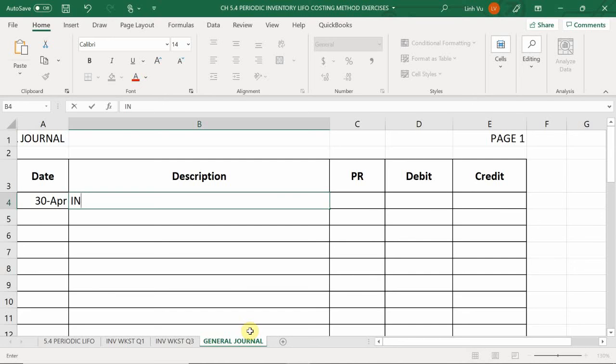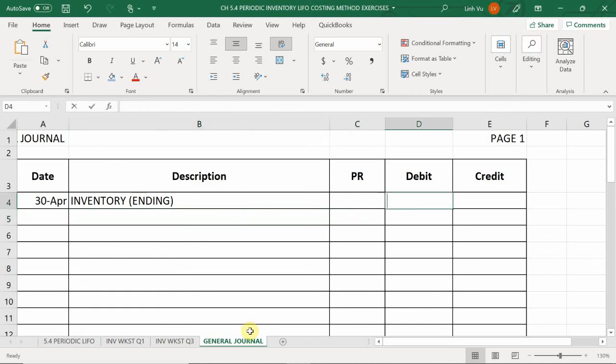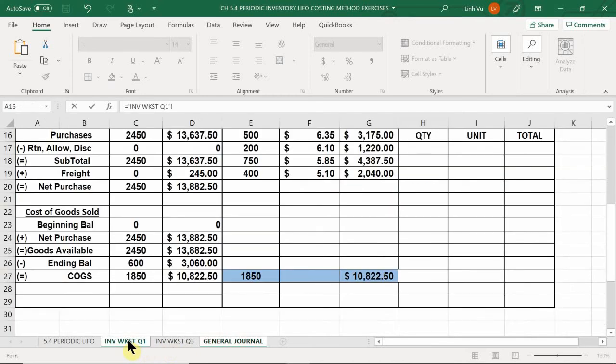Okay, so inventory, which we know should be ending, right? What else? 3,060.